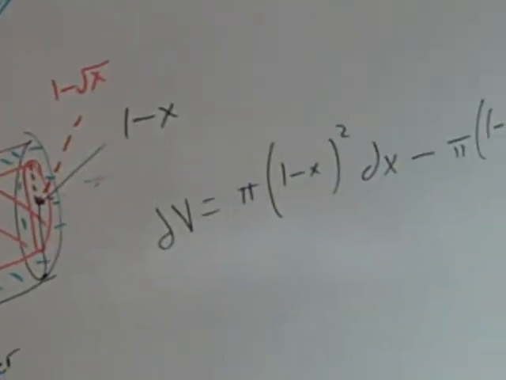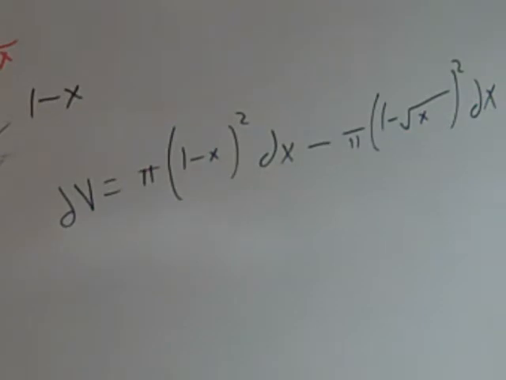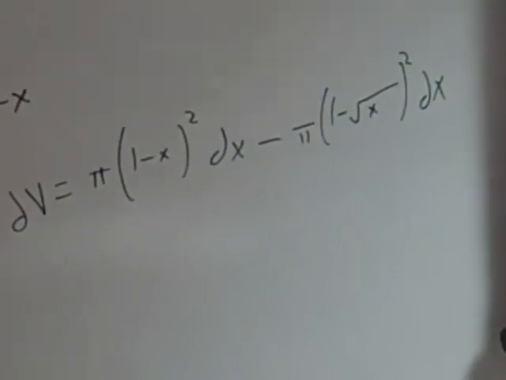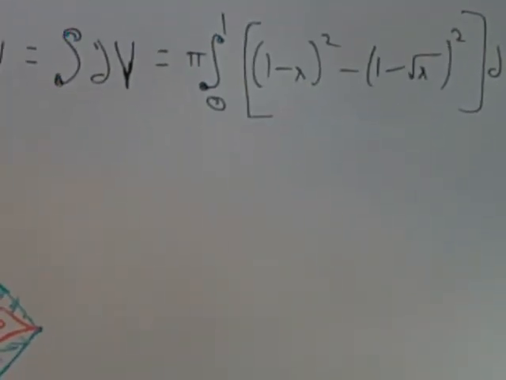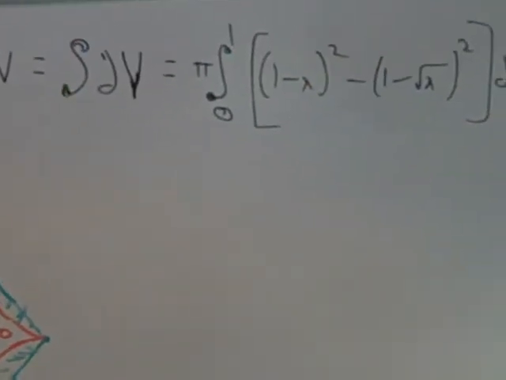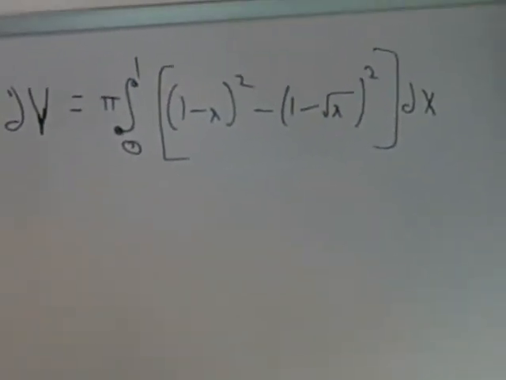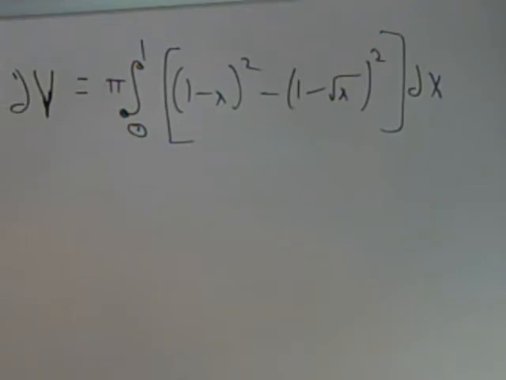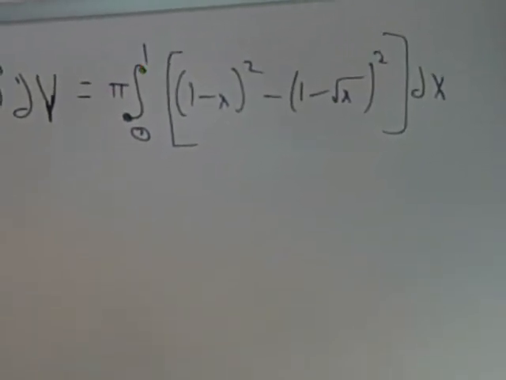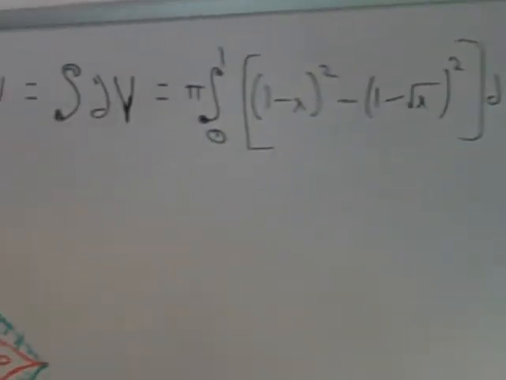Now, we're going to integrate over arbitrarily infinitely many of these infinitely small washer volumes. So we get volume equals the integral of dV, which we already know. I went ahead and just pulled pi out of the integral, and we integrate this whole thing.